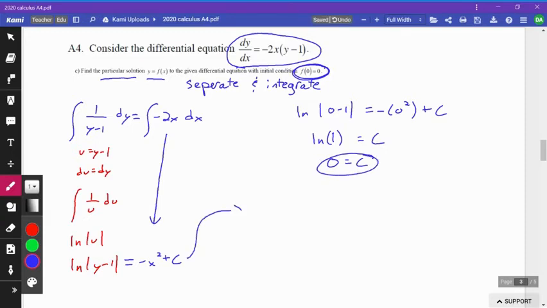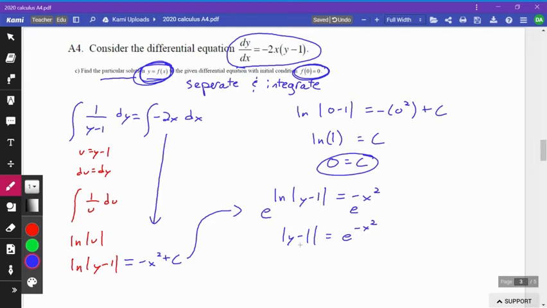So I know that my c value is 0. What that leaves me with is natural log of the absolute value of y minus 1 equals negative x squared. Now the idea is to solve this for y, because I want to find the particular solution y equals f of x. So if I e both sides, I get the absolute value of y minus 1 is going to equal e to the negative x squared. Now this right here is the tricky one.